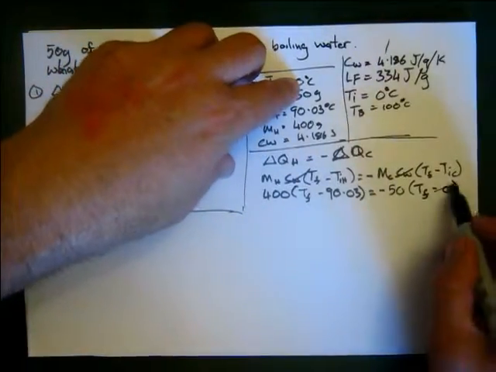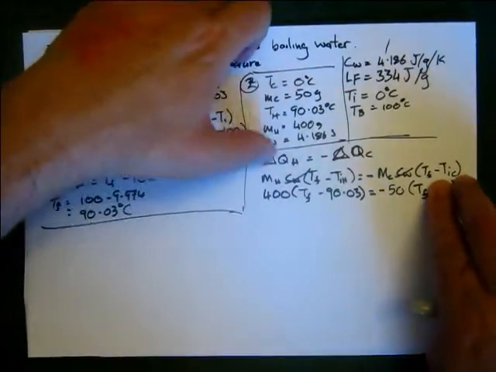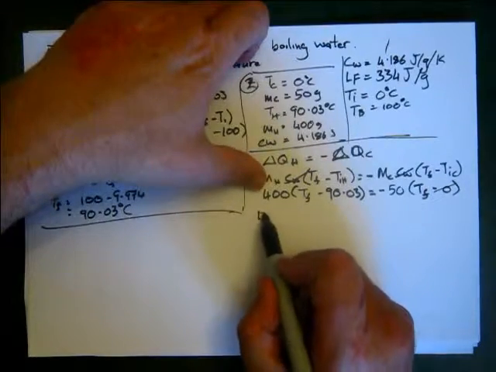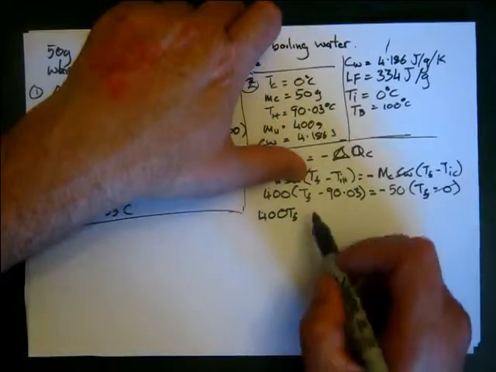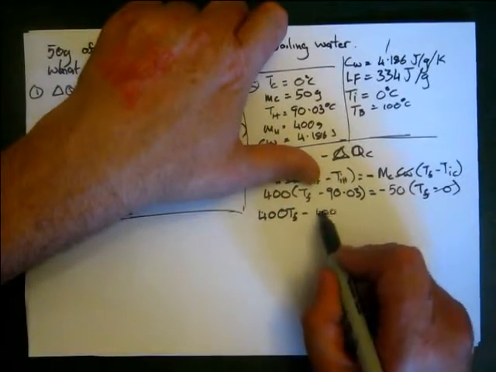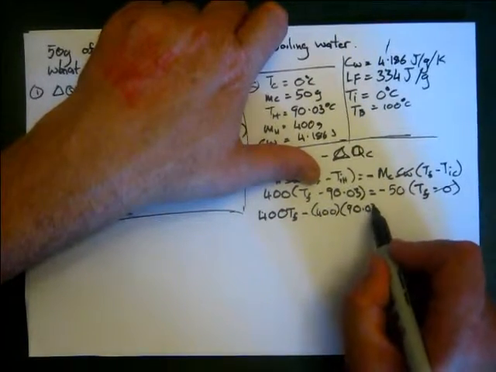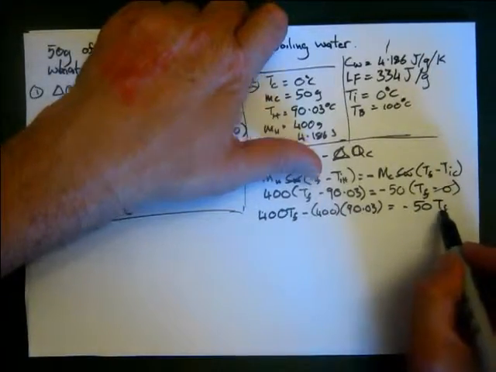So we can get rid of this. This side just simplifies down to negative 50 TF. So this is going to equal 400 TF, this is just expanding the brackets, minus 400 times 90.03 equals negative 50 TF.